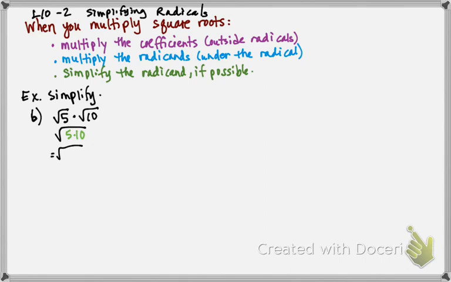And we're going to get square root of 50. Then we need to see if we can find a perfect square factor. I know 25 goes into 50 twice. And then we're going to take the square root of each. Square root of 25 is 5, and I can't take the square root of 2. So that's my answer.